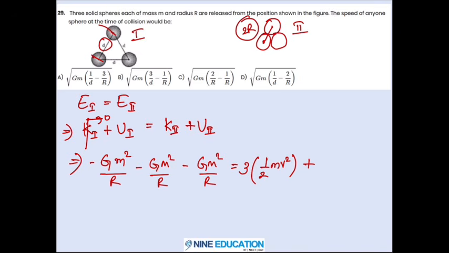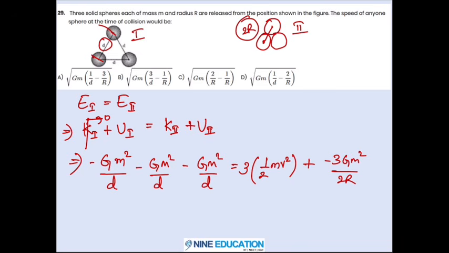I'm sorry, the initial distance between the spheres was not r, it was d. So let me replace that here. It is d, d and d. This is the initial distance between any two spheres. And final distance between any two spheres is, directly I'm writing minus 3G m square by 2r. Because finally the distance between any two spheres is 2r. This one.